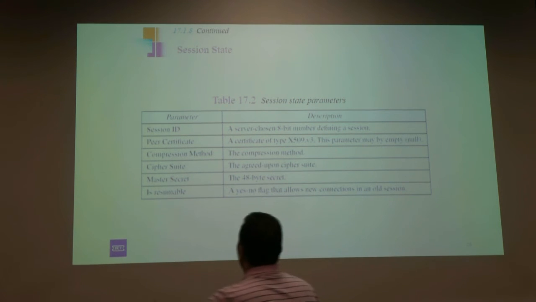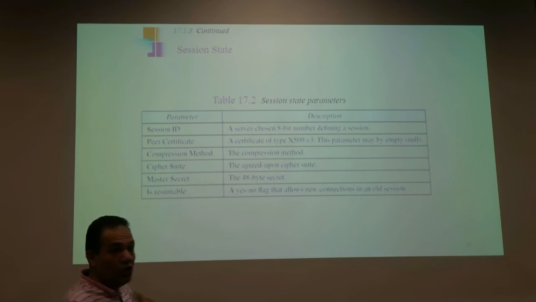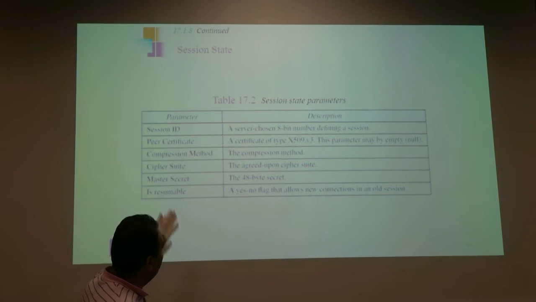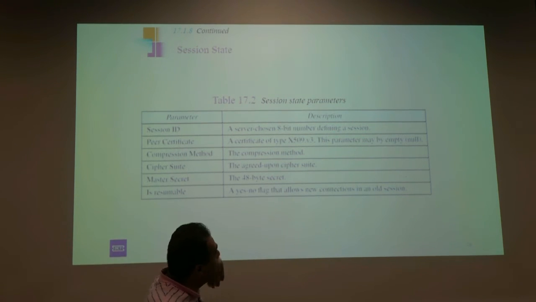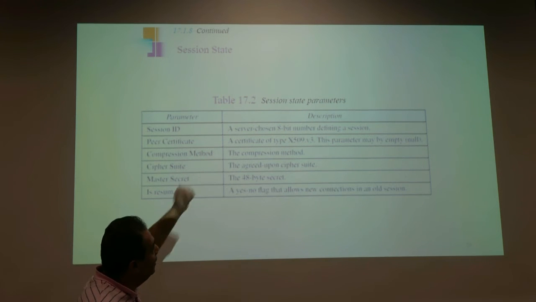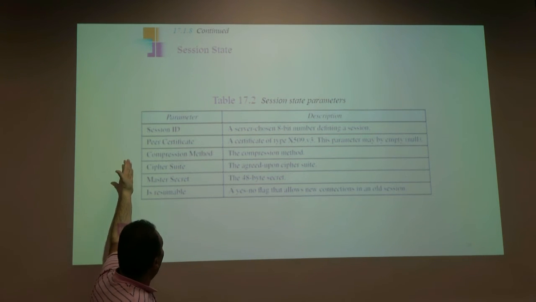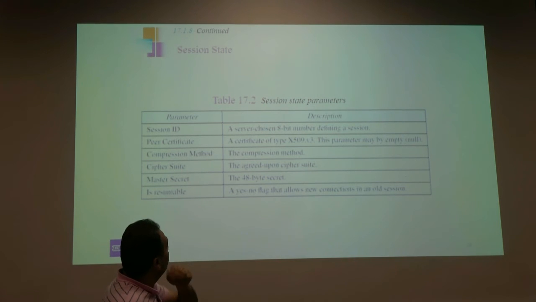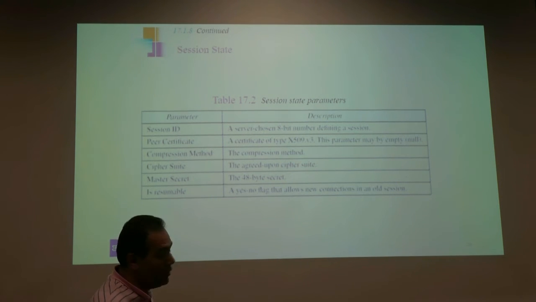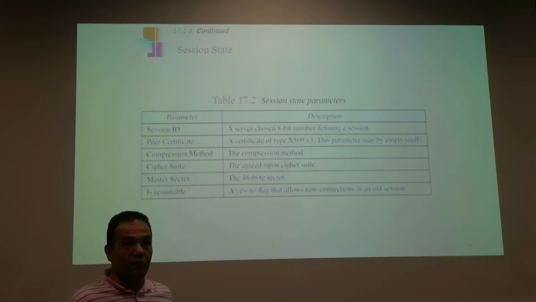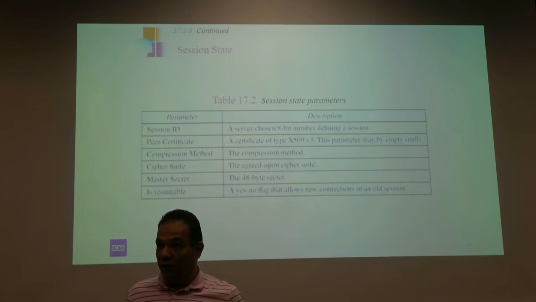You have the session ID. Each session has to have an ID, a server random 8-bit number defining the session. And then we have the peer certificate, a certificate of type X509. Now you are familiar with X509, right?